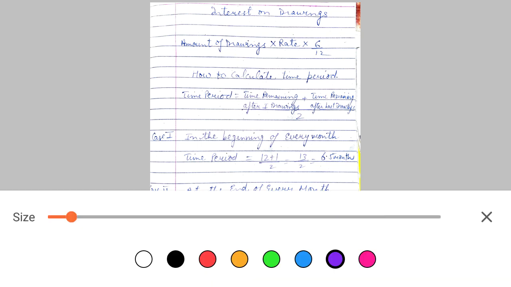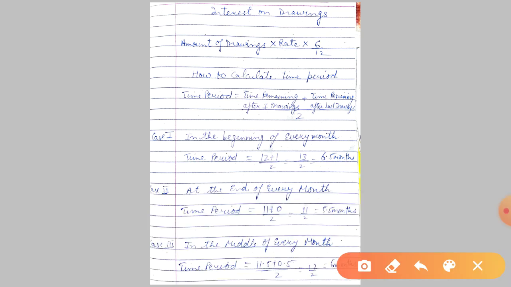How 6 months? You can see, time remaining after first drawing 11.5 plus time remaining after last drawing 0.5. See, if I am withdrawing in the middle, that means on 15 April, then 15 May, 15 June, 15 July, like this.